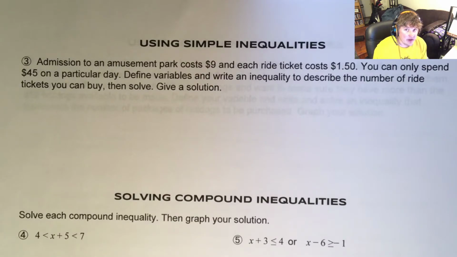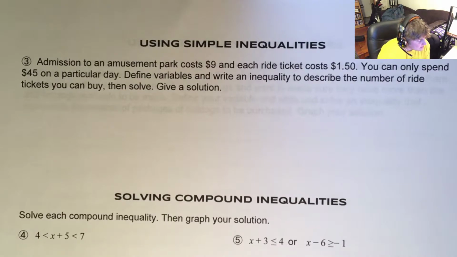So as I'm thinking about this, it's going to cost me $9 just to get through the door, and then every ride I want to ride is going to cost me an additional $1.50. Okay, you only have $45 on a particular day. Define variables and write an inequality to describe the number of ride tickets that you can buy. Then solve and go ahead and give a solution.